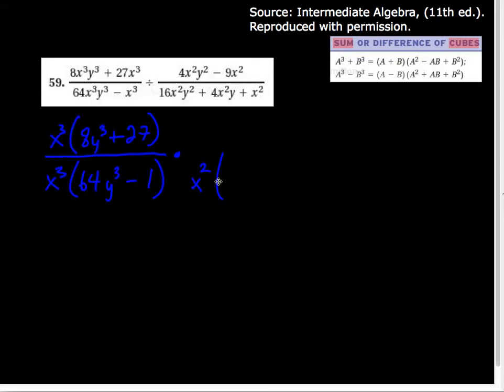I'm taking an x squared out, so I'm left with 4y squared minus 9. And then this top one here, x squared will come out too. So x squared, and this will be a 16y squared plus 4y plus 1.